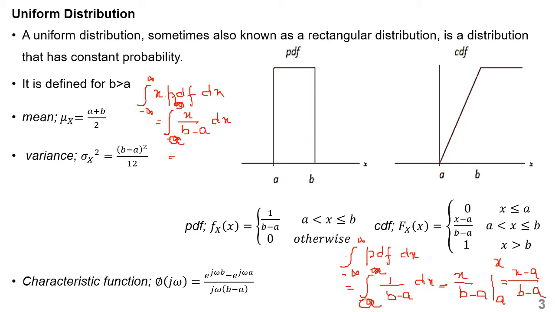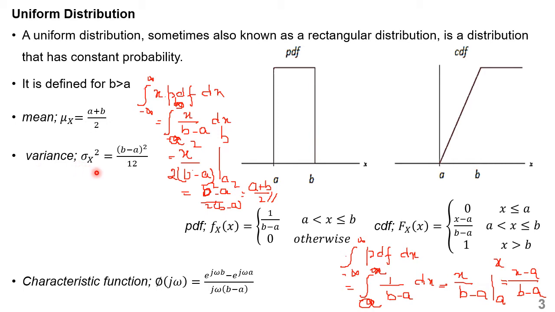So when you integrate, it is x squared by 2 times b minus a, varying between a and b. When you simplify this, you get b square minus a square by 2 times b minus a, which will give you a plus b by 2. This is the mean.